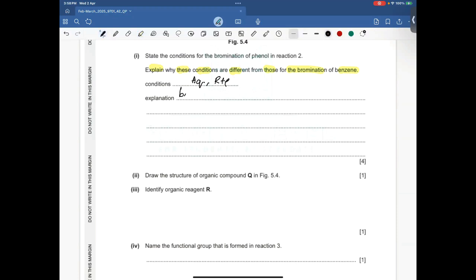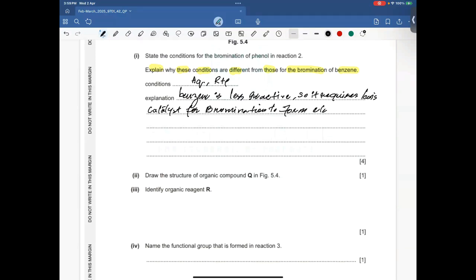Benzene is less reactive, so it requires a Lewis catalyst for bromination to form the electrophile.